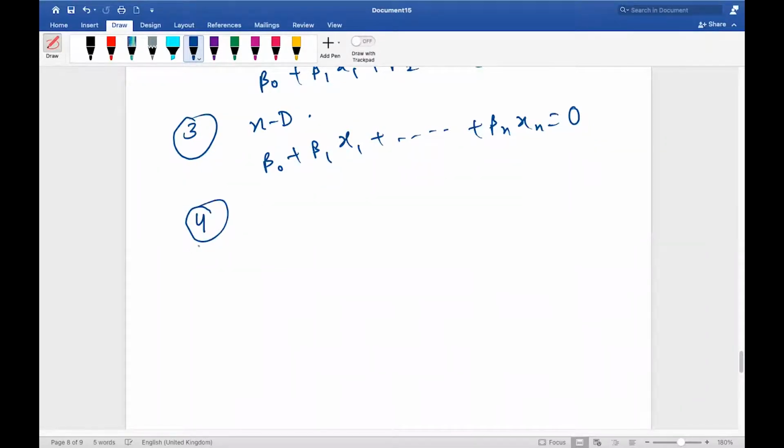Right. Now let's say we have to do the classification. How will we do it? Since this is a line, it will divide the space into 2 parts: beta naught plus beta 1 x1 plus up to beta n xn greater than 0, and similarly less than 0.